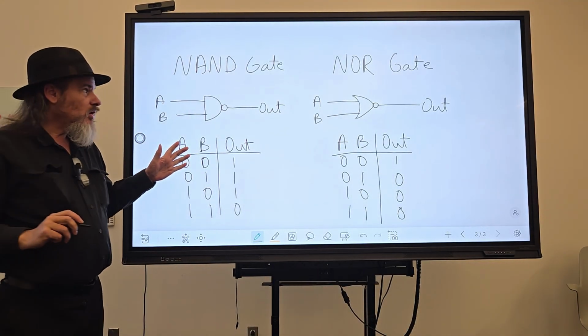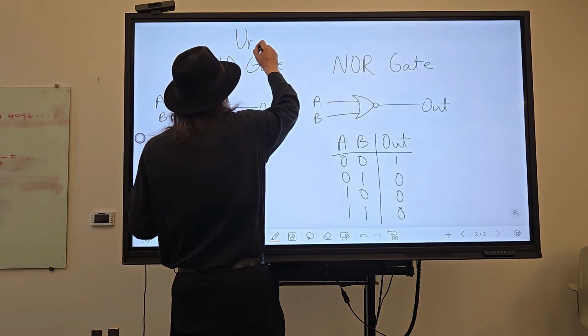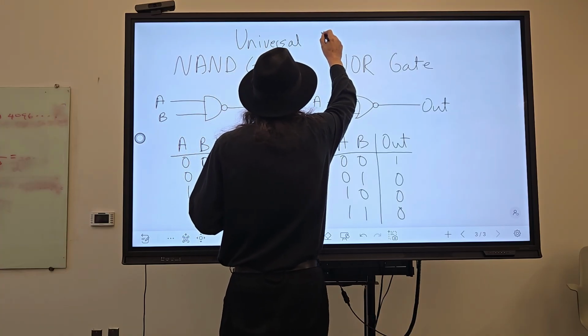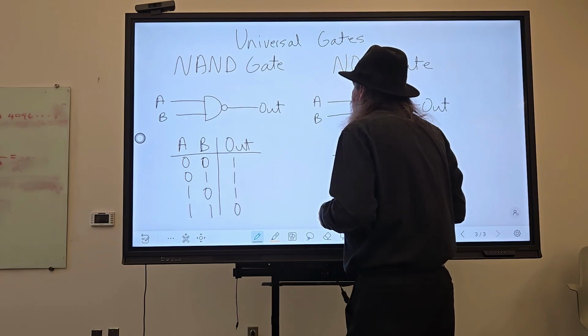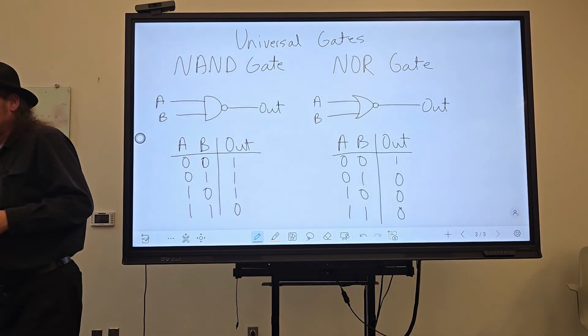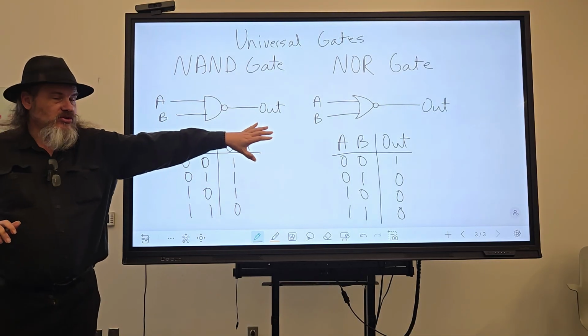Now these two are the universal gates. Which means you can form any logical function using just NAND gates or just NOR gates.